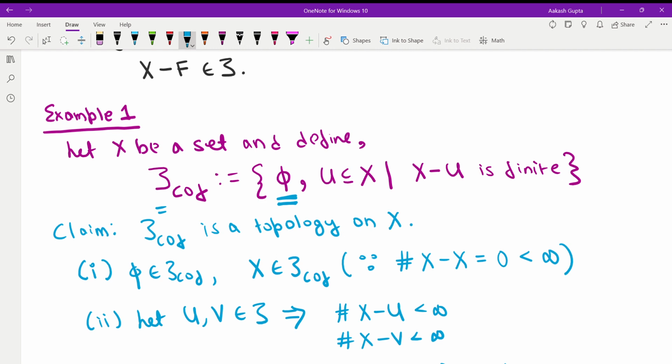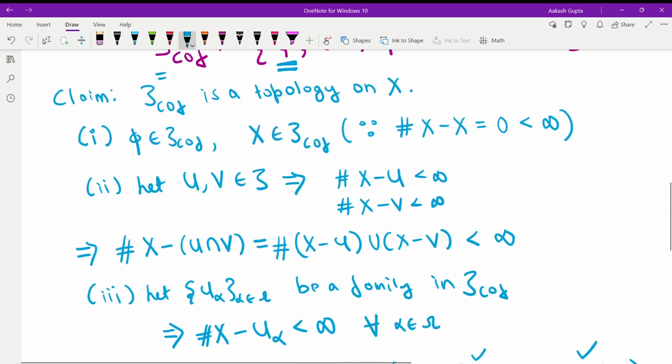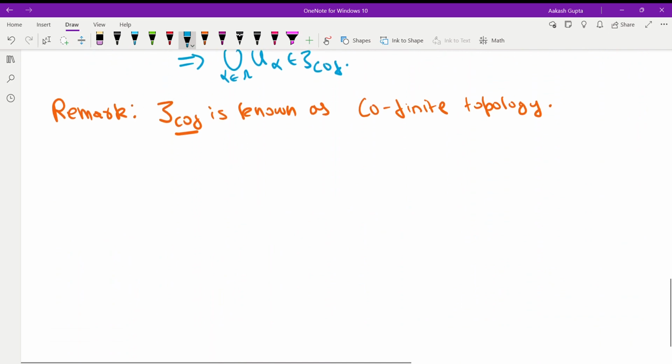So in that situation, if I am not including phi in this collection, then it will not come by this condition, the finite complement condition. The complement of the set should be finite. So that is why phi has to be there while defining this topology. I hope this is clear. Let me give you a similar example and I will leave it for you guys to verify that it is a topology.